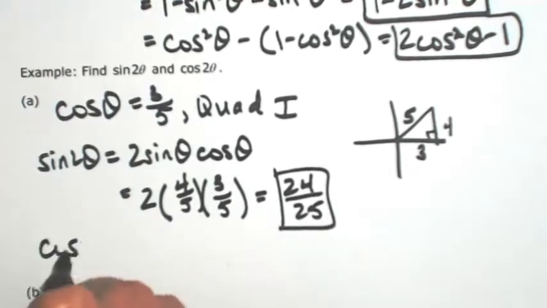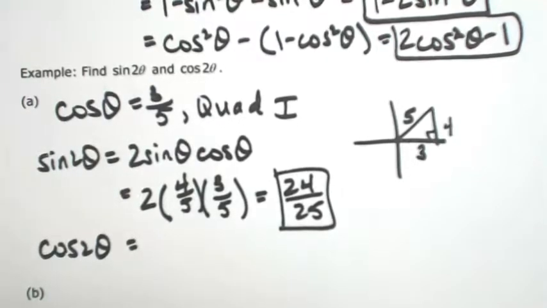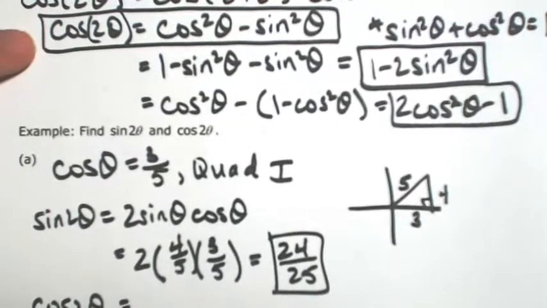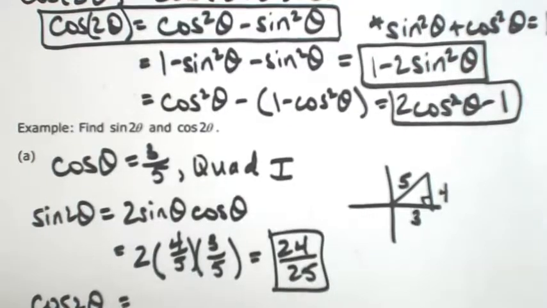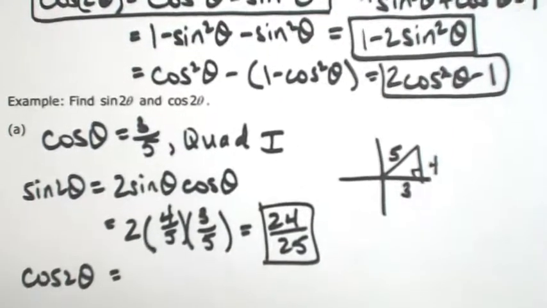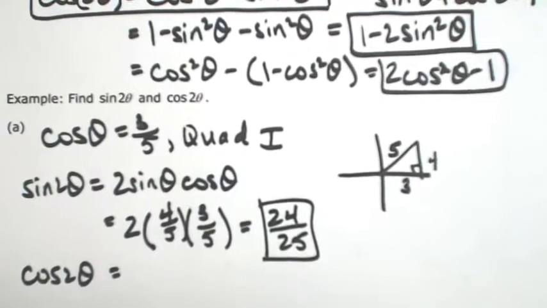Then to find the cosine of 2 theta, we have 3 options. Since we know the sine of theta and the cosine of theta, we could actually use the first one. But let's say for some reason you messed up the sine of theta. Now you're going to mess up cosine of 2 theta also. So if I were you, I would only ever use the given information, because you don't want to use anything you've worked with since you may have messed it up.